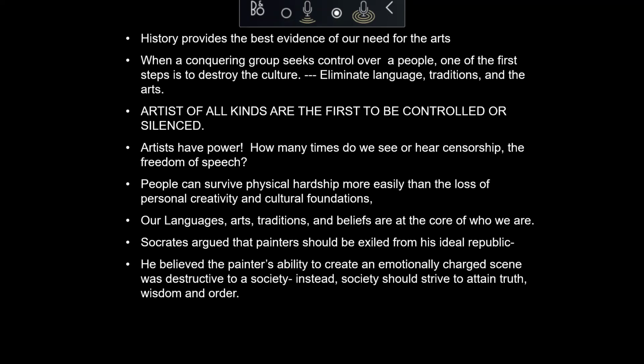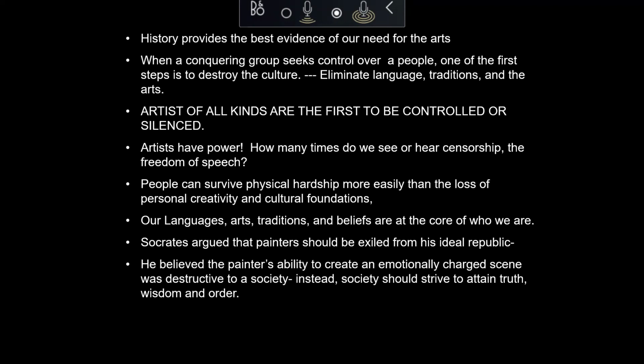Now, if you ever want to get rid of a culture's way of life, do away with their arts, do away with their music, their visuals, their literary works, because that is a reflection of their culture. And the victor, oftentimes the conqueror, they'll get rid of everything about that, so they become acclimated into their way of life and their beliefs and stuff like that.